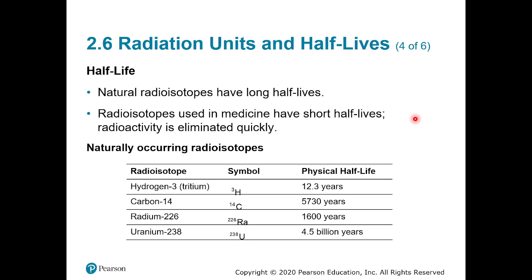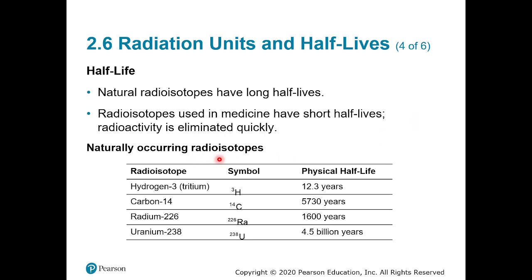What would you say to your doctor if they said, okay, we can see a change, but you have to stay there for 10 years, we'll monitor you for 10 years? That's not going to do you a lot of good, is it? Medical isotopes typically have half-lives on the order of days. They give off radiation pretty quickly.